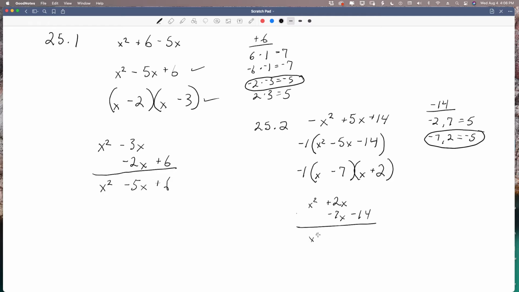We have x squared minus 5x minus 14, and we can't forget our negative 1. So when we say negative 1 times all of these, it changes the sign. And that's the same thing that we started with, so we know that this is the correct factorization of this trinomial. All right, pause if you need to and take notes.